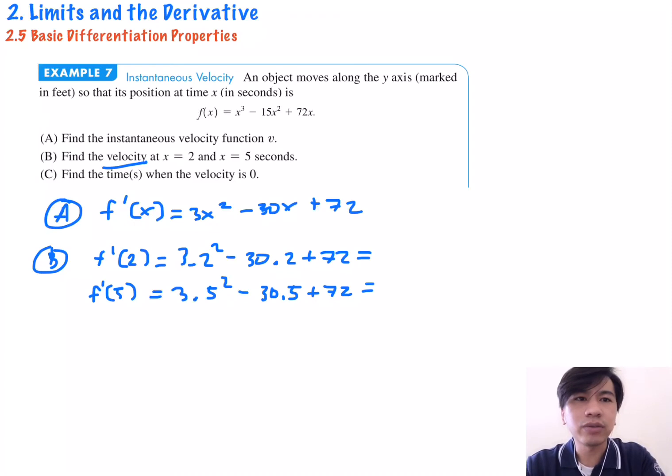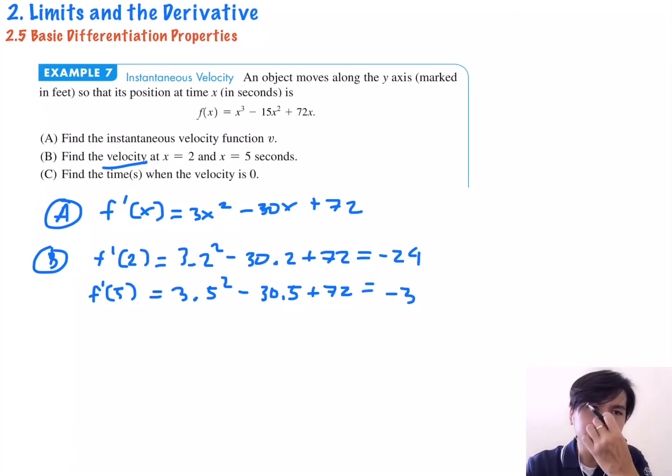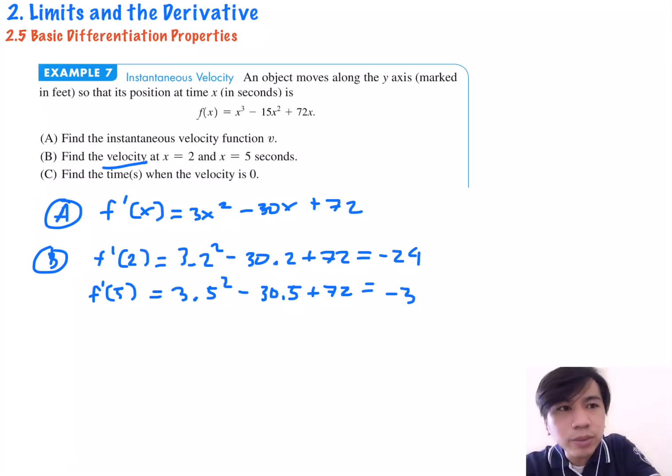Okay, so f prime of 2, 3 times 4, which is 12, added to 72, that will be 84, minus 60, then we get negative 24. And then over here 3 times 25, 75, added to 72, 147, minus 150, that will be negative 3. Okay, let me check. Oh, sorry, this one is supposed to be positive 24.